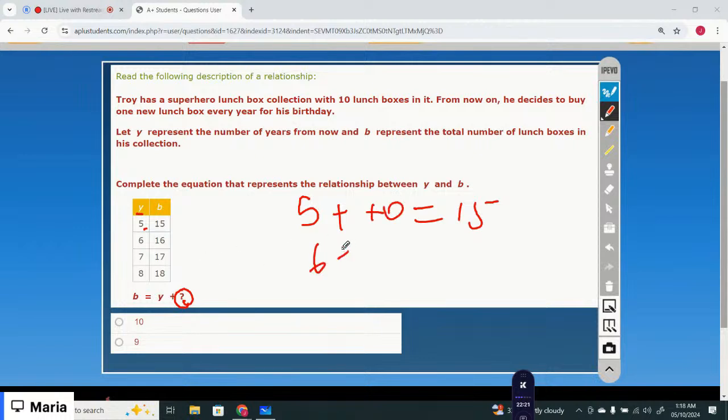Just check the second one. 6 plus what value equals 16? Which number is missing?